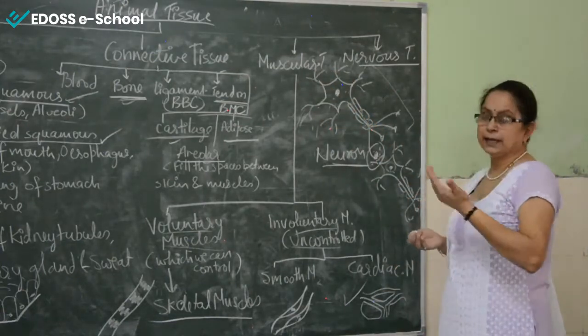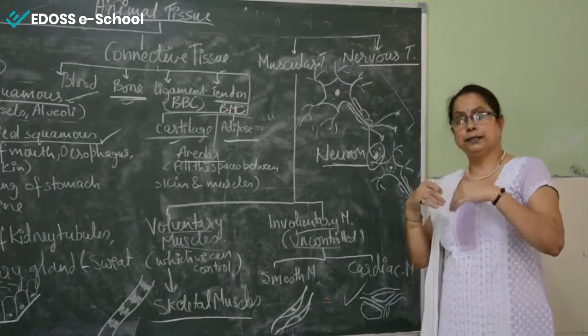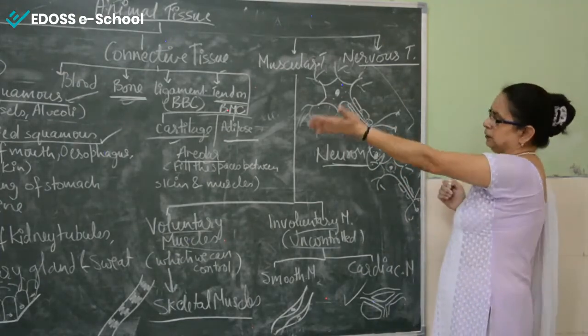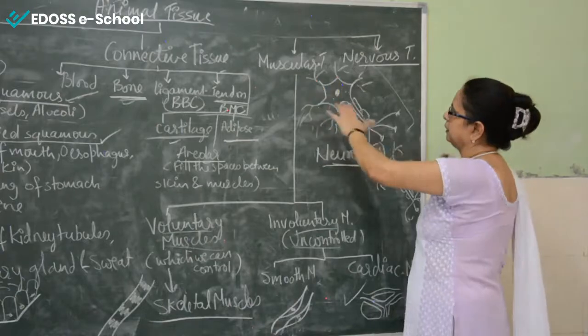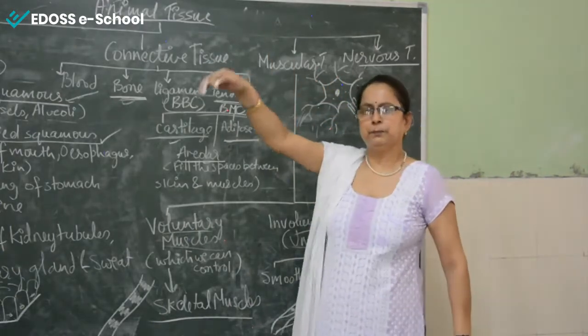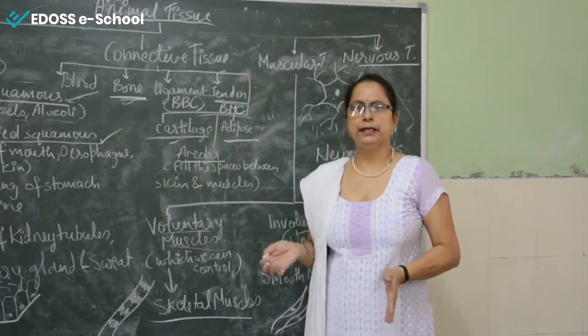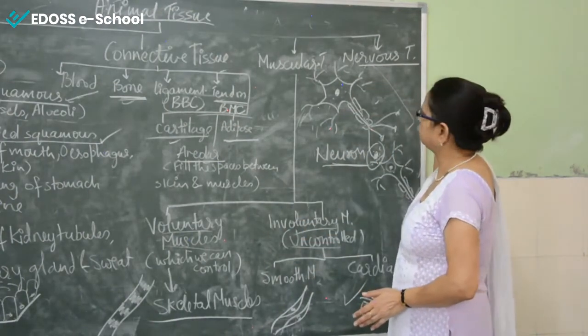When the brain analyzes and gives a message in return, it has to be coordinated in such a manner, neuron to neuron, and the nerve impulse goes back to a particular part to do that particular reaction. So this is all about the neuron.